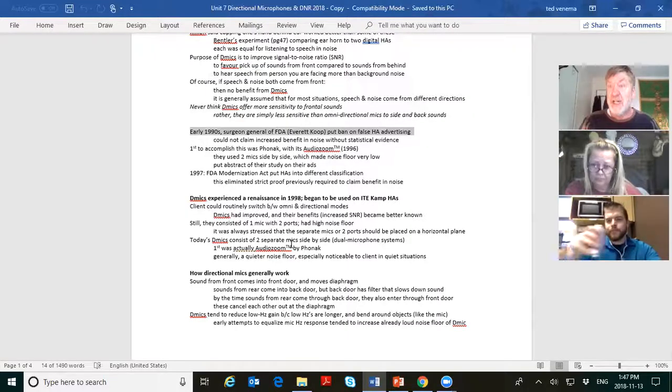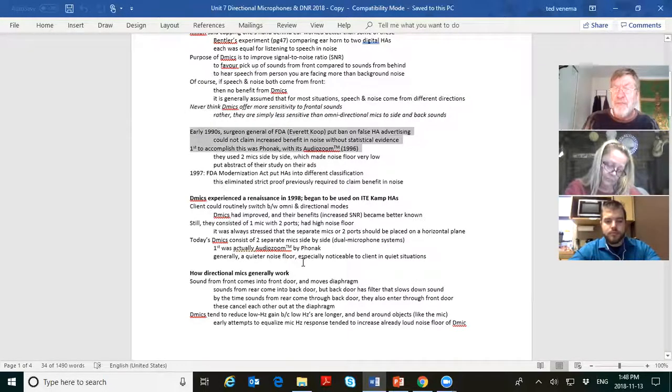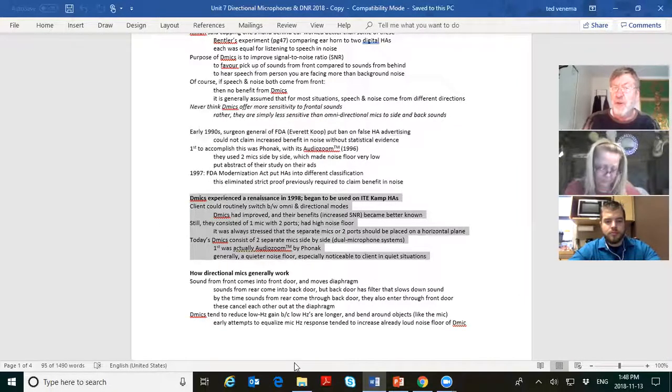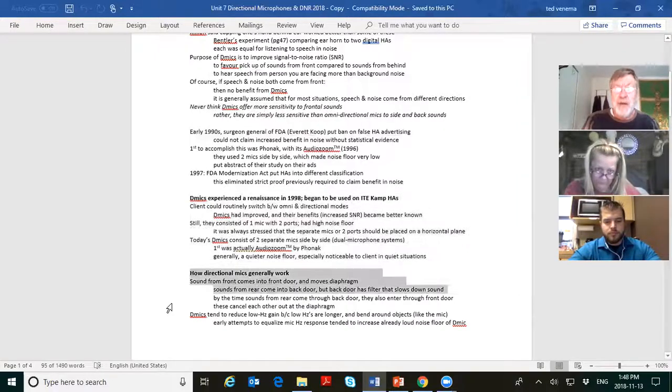And they did a study, and yep, their hearing aid did increase understanding in noise. But that was 1992. That was before digital even came out. See that? That's history. This paragraph here is talking about the renaissance of directional mics. And this paragraph here is talking about how they generally work. So let's look at that in moving slides in PowerPoint.